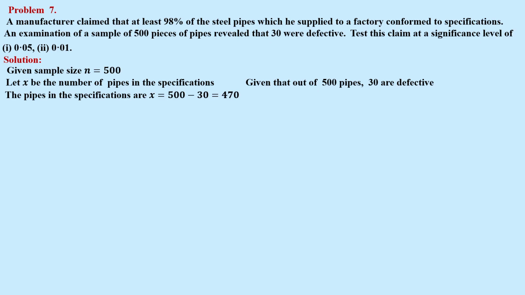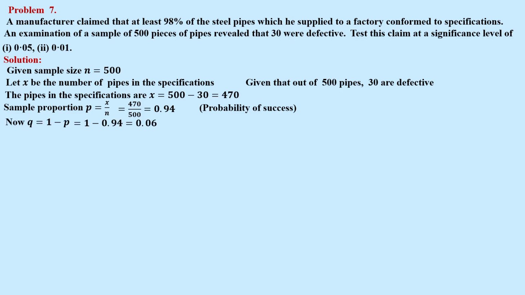Out of 500 pipes, 30 are defective. So the pipes in specification are 500 minus 30, so 470, that is the success here. So the sample proportion small p is equal to x by n, 470 by 500, 0.94. Then q is equal to 1 minus p, so 1 minus 0.94, that is equal to 0.06.